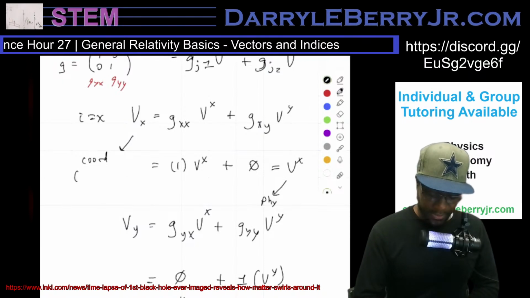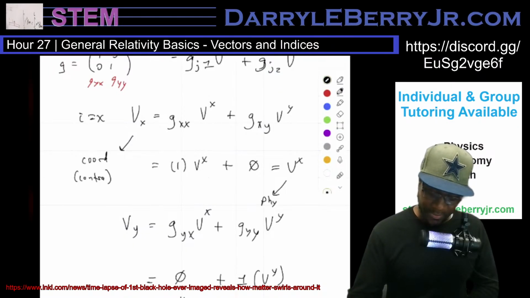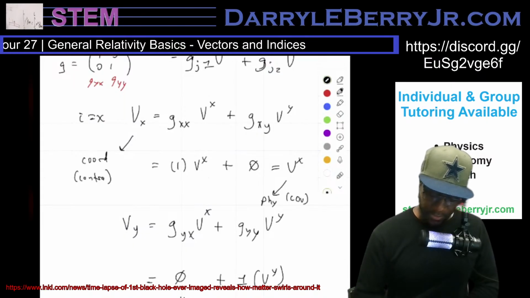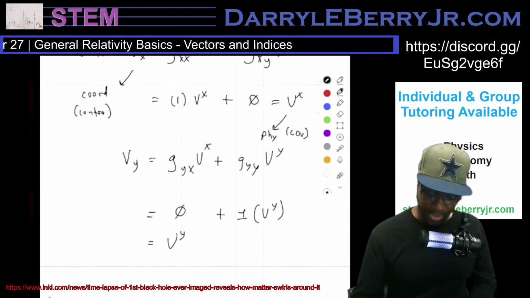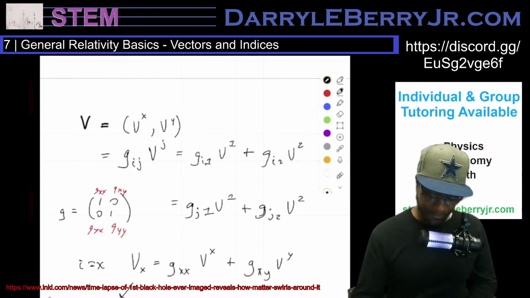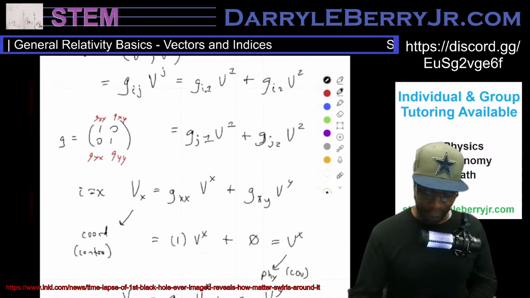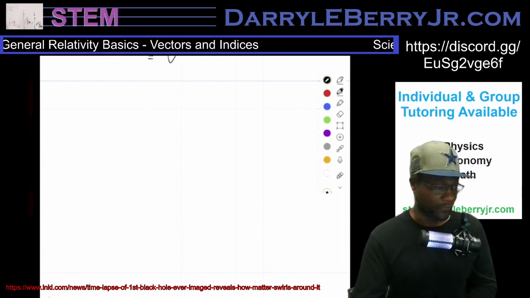So this is called contravariant. The lower indices, and the upper indices is called covariant. So this is just how it looks in our normal coordinate system. I want you to get a look at that because it helped me to see it like this before doing the transform vector, and it'll make more sense.